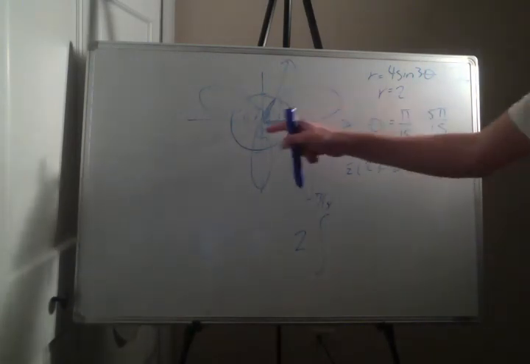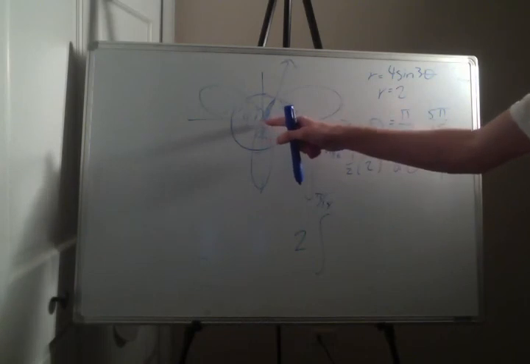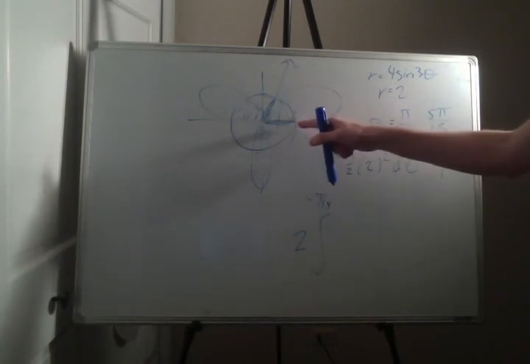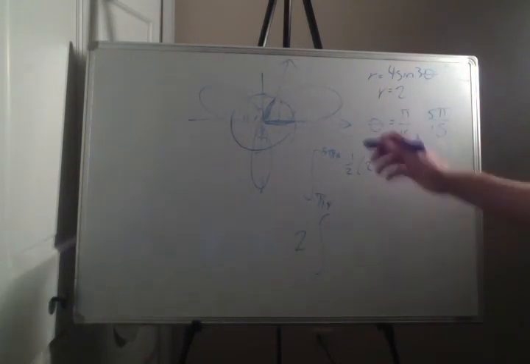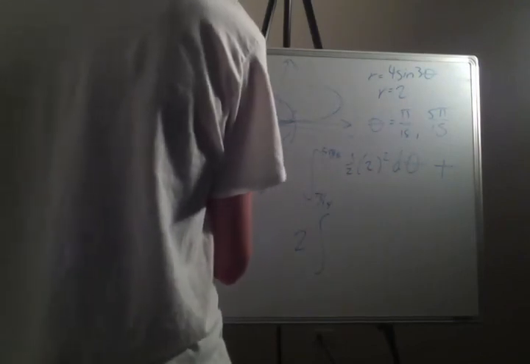Well, we know that it's kind of starting at 0 and stretching out here until it equals 2, which is the radius. So when is 4 sine of 3 theta going to equal 0? You can do work to find this, but shouldn't you guys realize it's going to be when theta equals 0?